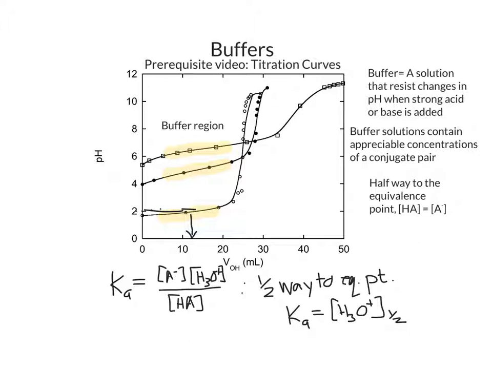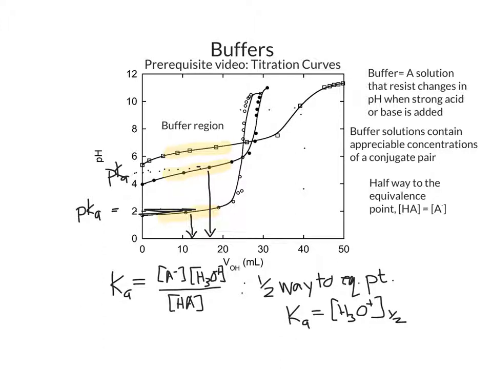So at this very special point, the pH is equal to the pKa. And each acid has its own unique pKa. And so halfway to the equivalence point will have a unique pH and will be related to the pKa of that acid.